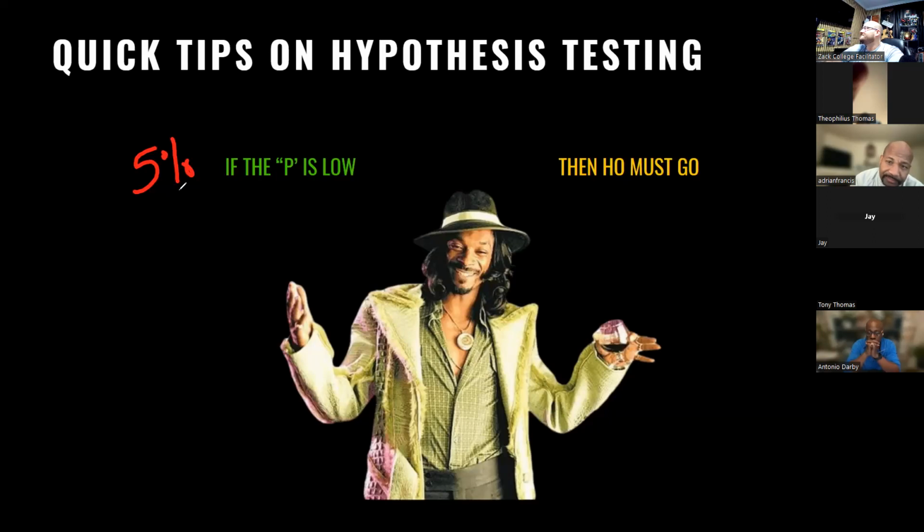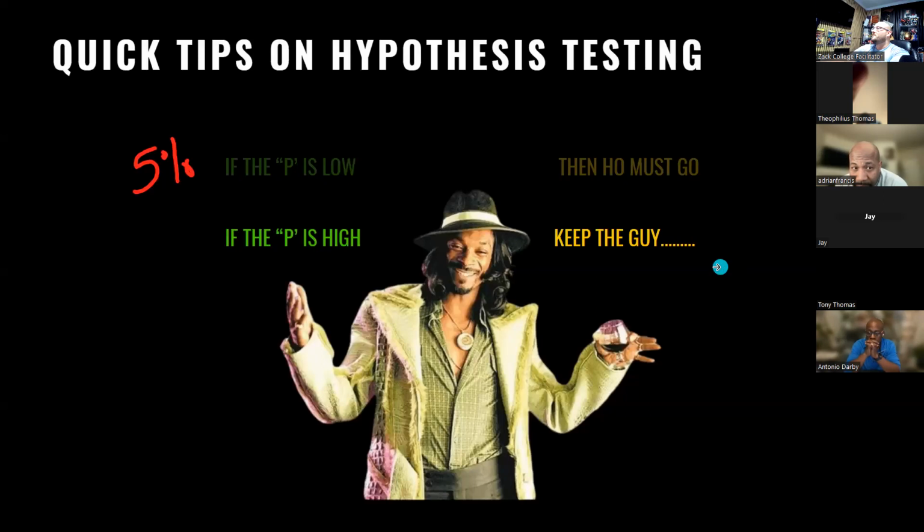The H0 is almost always going to be the null hypothesis, because we're trying to discredit it. So if p is lower than 5%, then we know that that value's outside of the parameters.